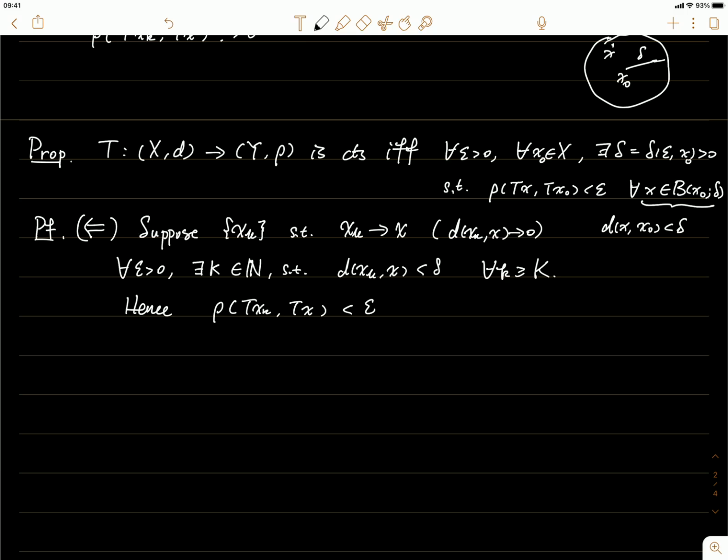If you like, you can use this x naught to be consistent with the right hand side we had. And this means that the sequence T xk also converges to T x naught. And this means that T is continuous.